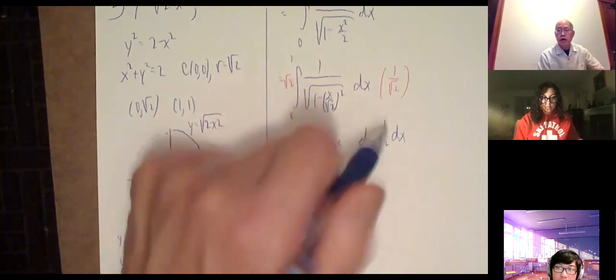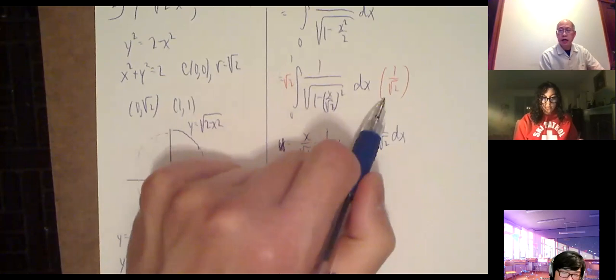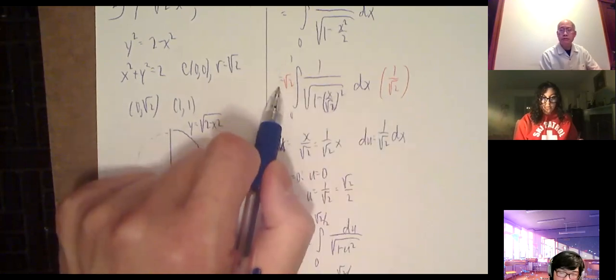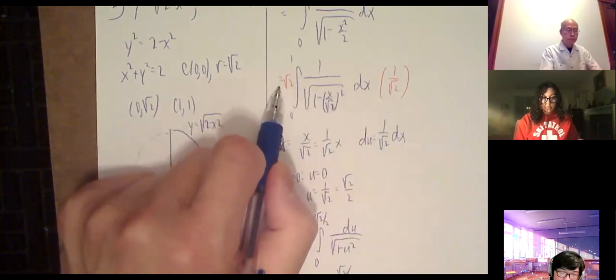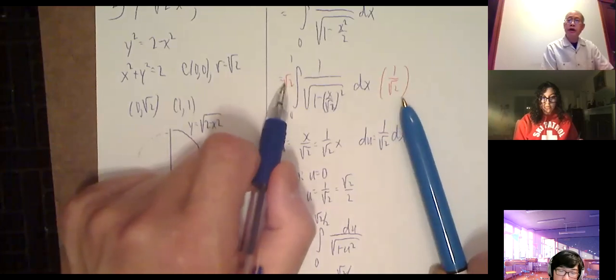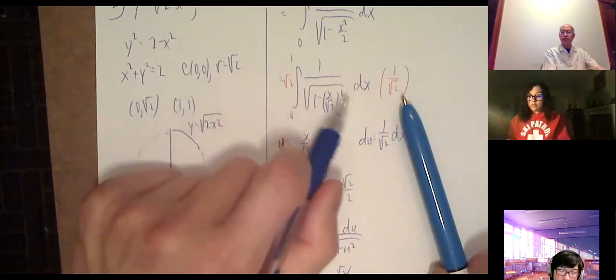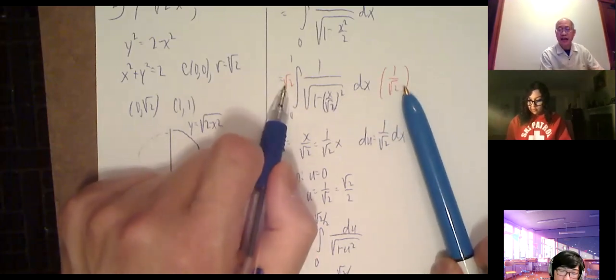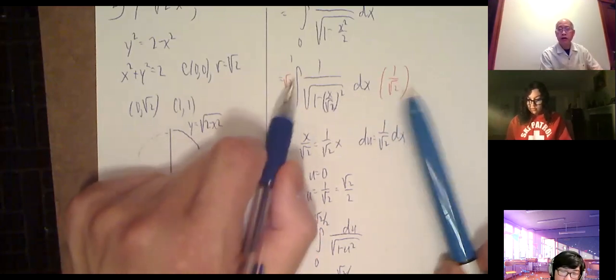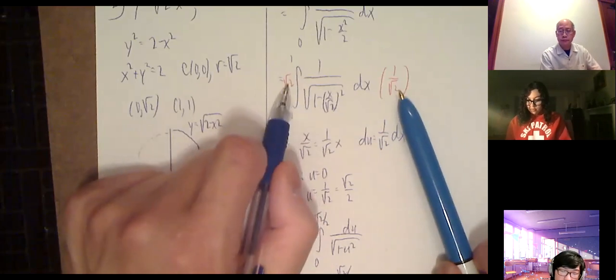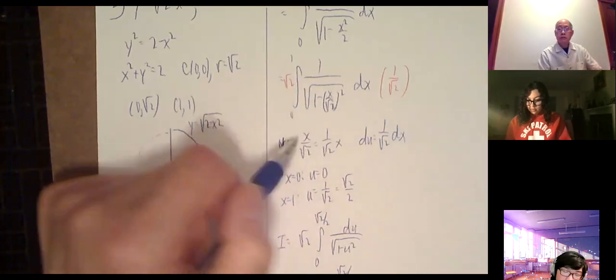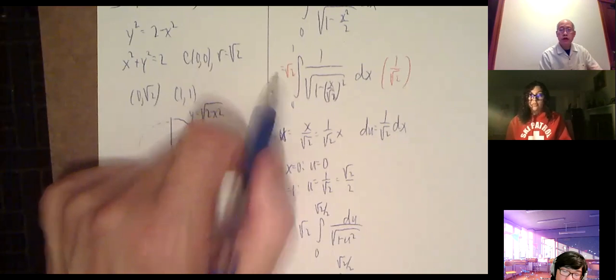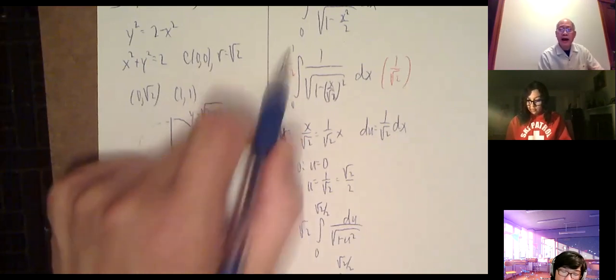So before I substitute, I need a 1 over radical 2 inside, which means radical 2 outside. These two combine to be 1. Radical 2 times 1 over radical 2 is 1, multiplied by 1. That's called the identity property of multiplication. You're not changing the value of the expression. All right, so there's going to be a radical 2 in front, and these limits are for x.